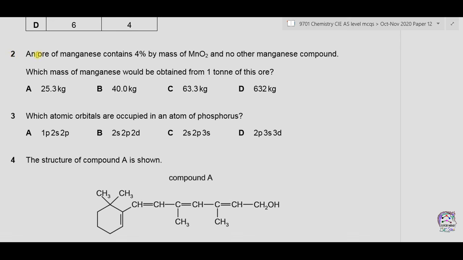Question 2. An ore of manganese contains 4% by mass of MnO2 and no other manganese compound. Which mass of manganese would be obtained from 1 ton of this ore? They have given the percentage of MnO2 in the ore of manganese, so we can find the ratio.